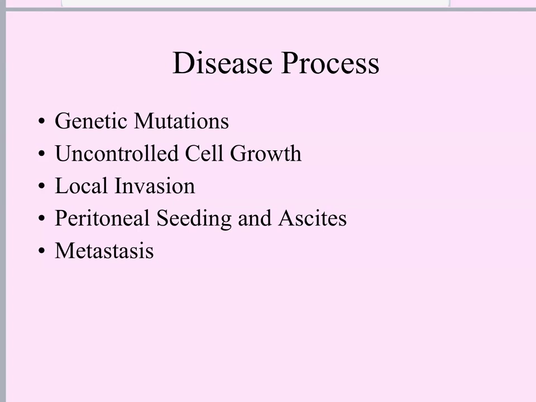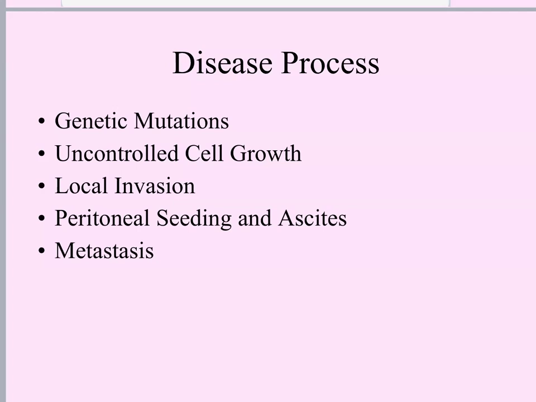Some of you may be familiar with that if you have a female relative or a mom who is BRCA positive herself. If you have a family history of ovarian cancer and/or breast cancer, I would recommend considering getting tested for BRCA1 and BRCA2, because there are people who have that genetic testing done, and then based on the results, they might decide to have their ovaries removed and/or a total mastectomy to prevent that.